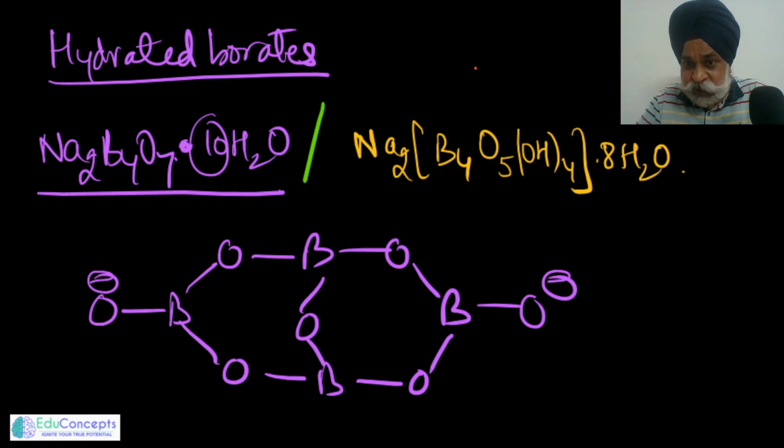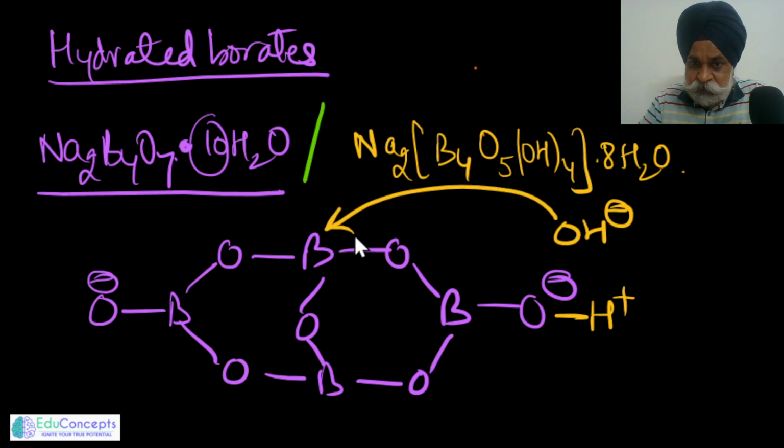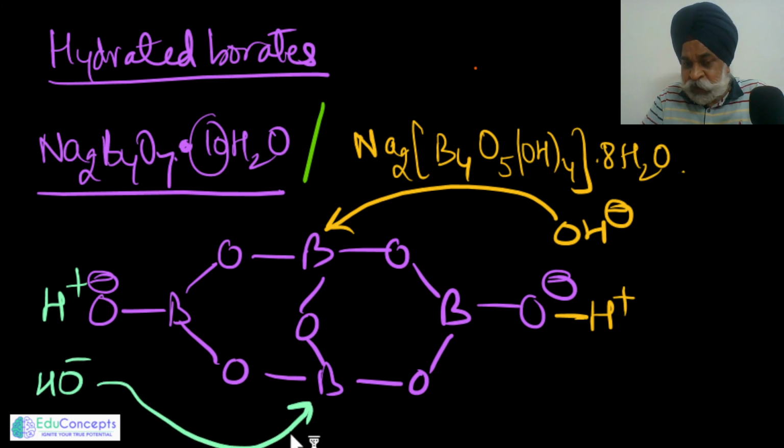What I'm trying to say here is, first one H positive from the water comes here and joins to this, and the OH negative of water then attacks this one, so that I could generate a negative charge here. Similarly, one H positive attacks here, and the OH negative of water attacks here. As a consequence, these two borons would get 1 negative charge.